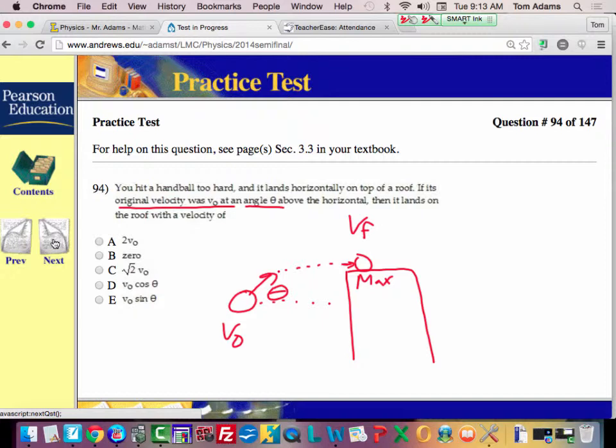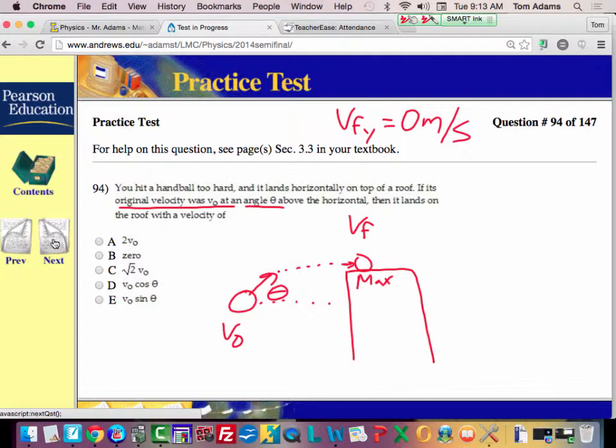Well, in other words, v final y should equal 0 if it's the max height, right? Because if I throw a ball up in the air, it starts with its initial velocity, but if we think of the vertical component, the instant it reaches its max height, it's not moving up or down.